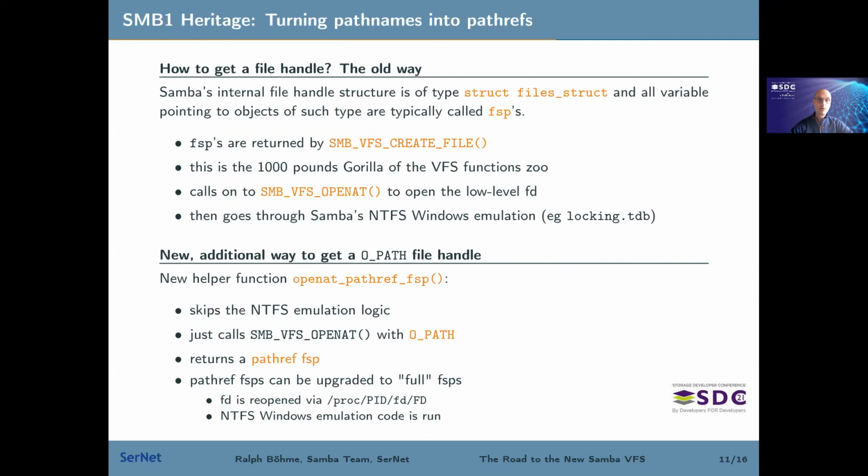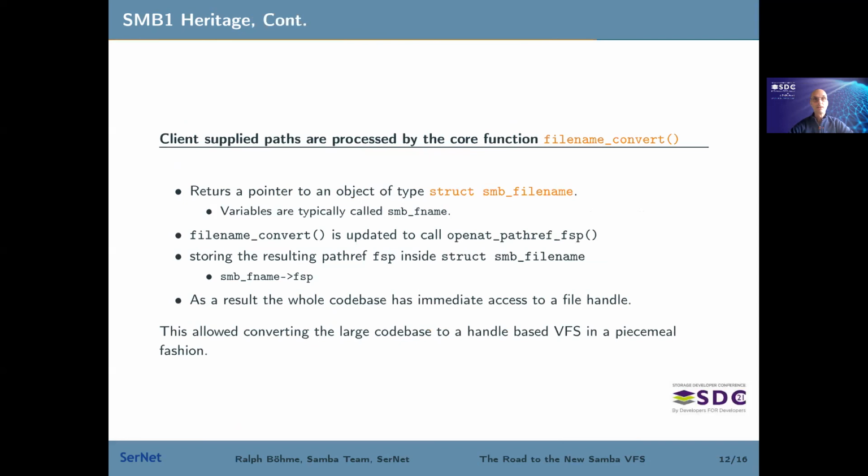So we have a new function that is cheaper than the 1,000-pound gorilla SMB_VFS_CREATE_FILE, but it's still too expensive to call it explicitly in all places in the code base where we're going to convert path-based VFS functions to handle-based VFS functions. So what can we do?